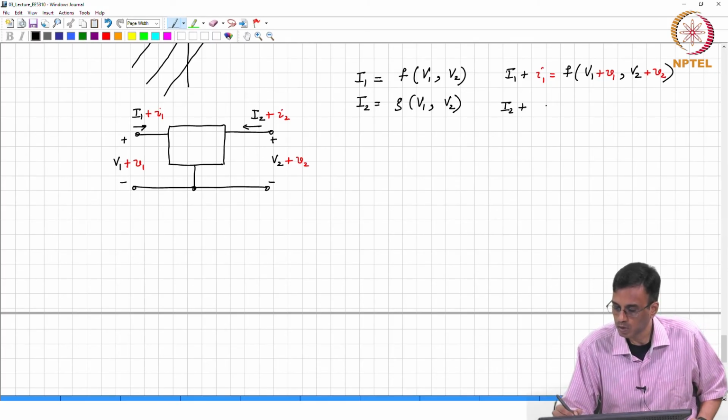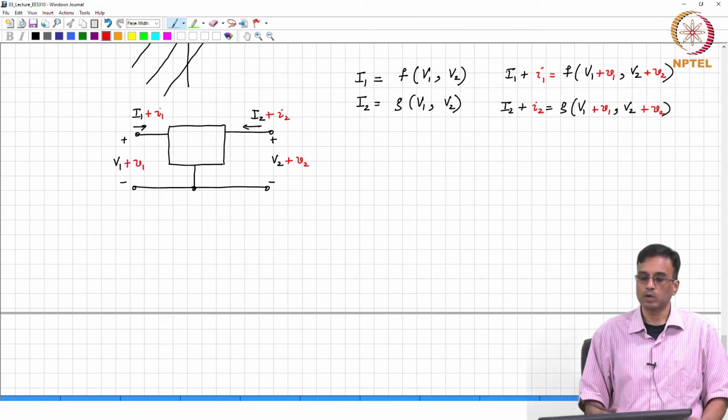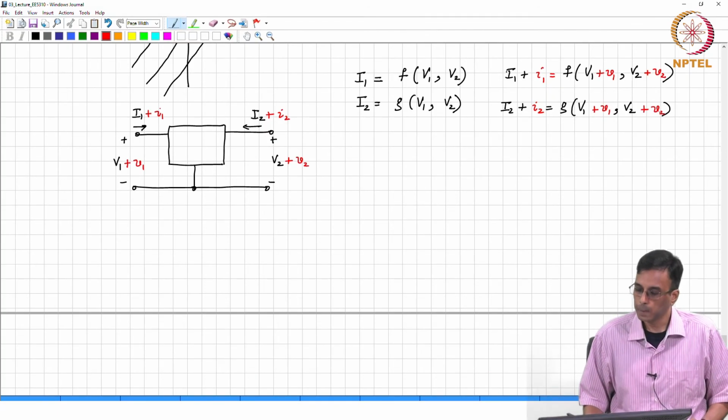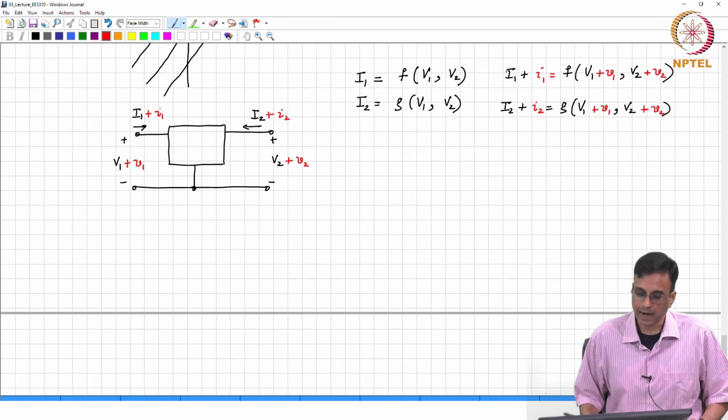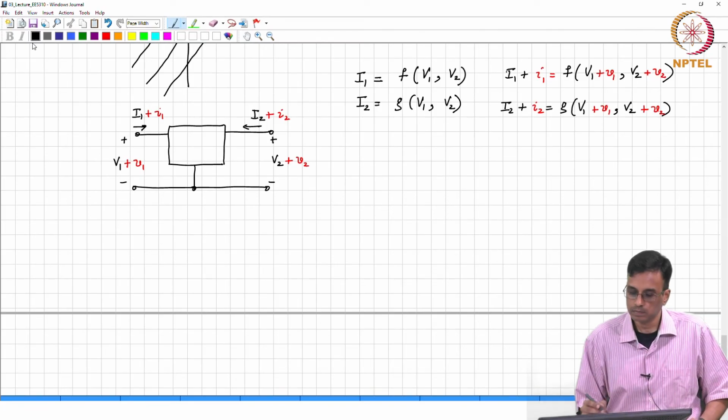I2 plus small I2 is g of V1 plus small V1, V2 plus small V2. So, if you subtract these two equations, what do you get?